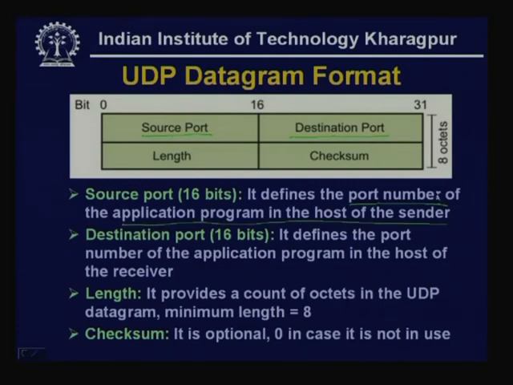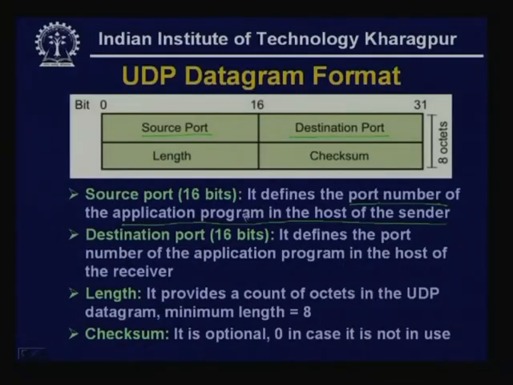That means the sender may be running a number of applications, so a particular port number tells you from which application that particular datagram has come. Similarly, the destination port number defines the port number of the application program in the host of the receiver. So with the help of this we are doing demultiplexing, and with the help of the source port we are doing multiplexing.